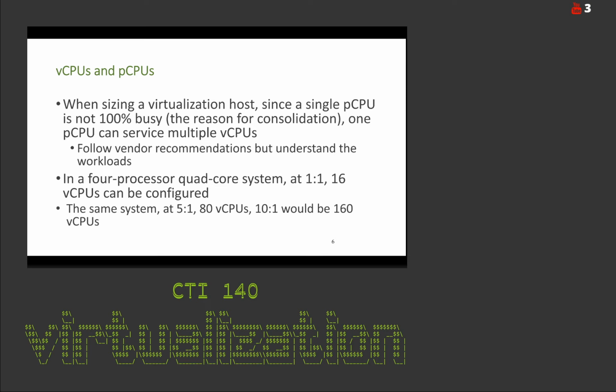However, we can configure multiple virtual machines to utilize the same cores. So we can utilize 5 virtual machines on 1 core, or 10 virtual machines on 1 core. And in this instance, you want to be aware of the workload that you're putting these cores under.